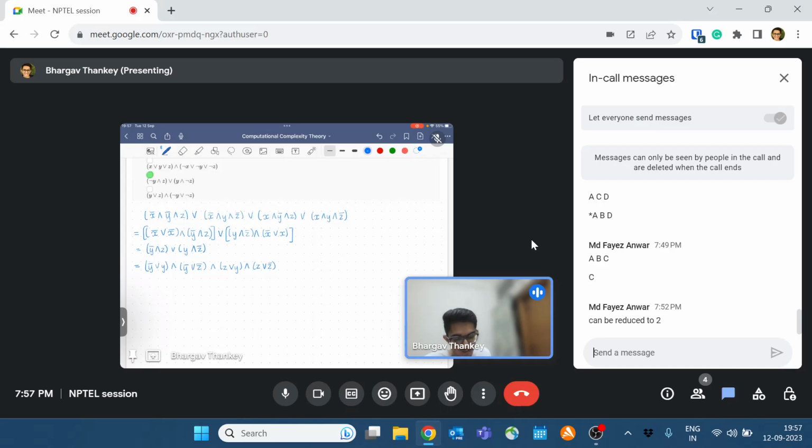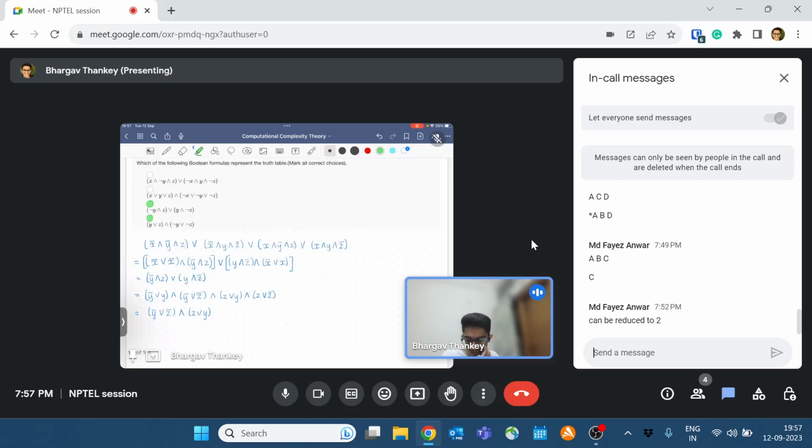So I'm just distributing this or over these ands, and both of these are 1. So we are just left with, yeah, and this is exactly option. So C and D are correct and A and B are not.